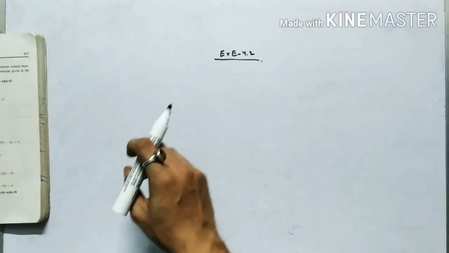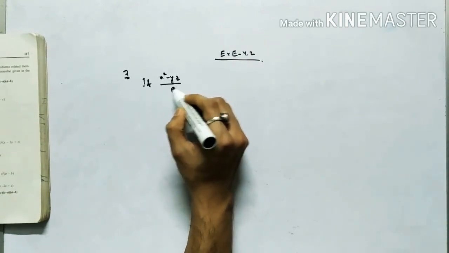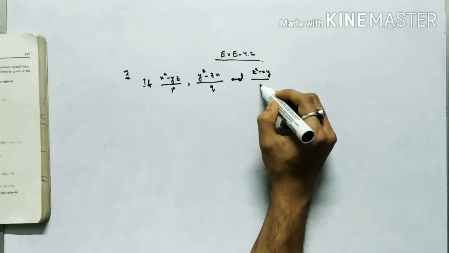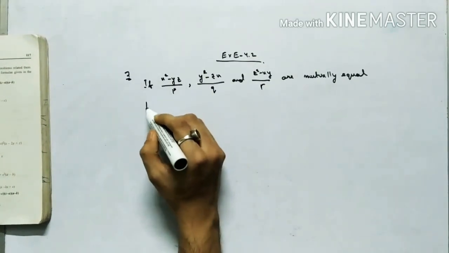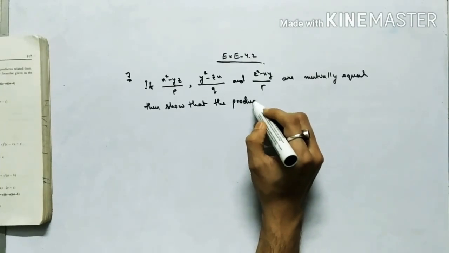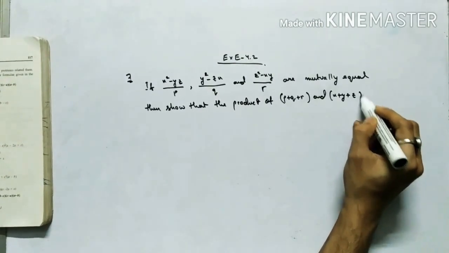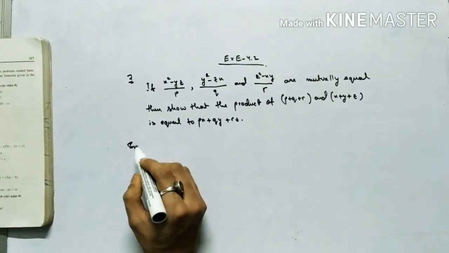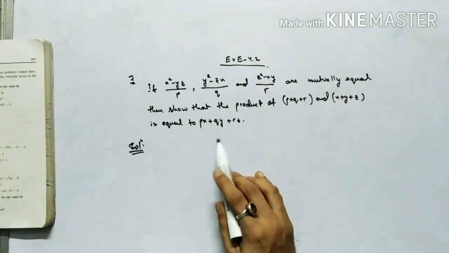The question is: if (x square minus yz) by p, (y square minus zx) by q and (z square minus xy) by r are mutually equal, then show that the product of p plus q plus r and x plus y plus z is equal to px plus qy plus rz.